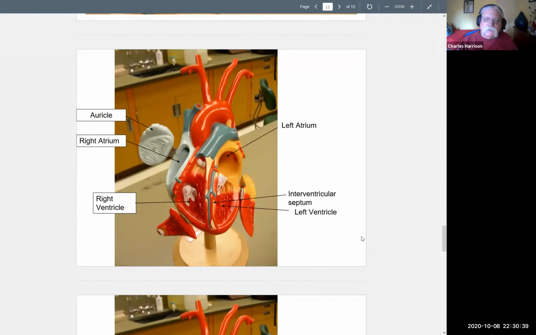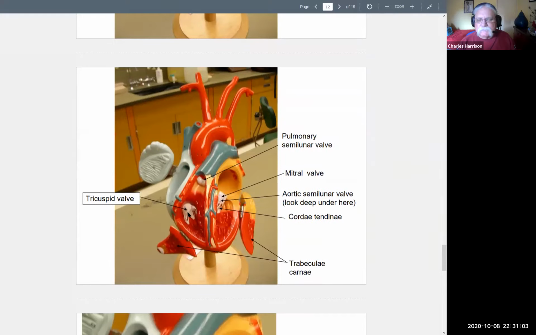Okay, we've got another guy here we've seen before, but he's got more labels, so let's quickly go through them. Left atrium, IV septum, left ventricle, right atrium, and the auricle of the right atrium.